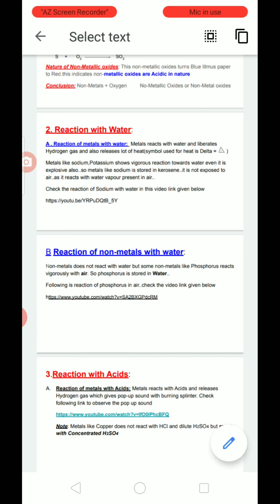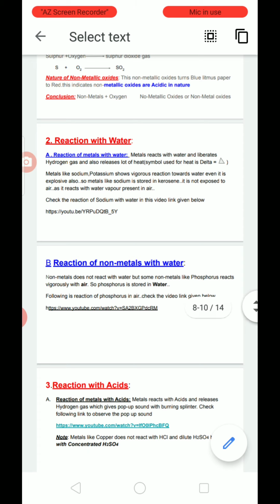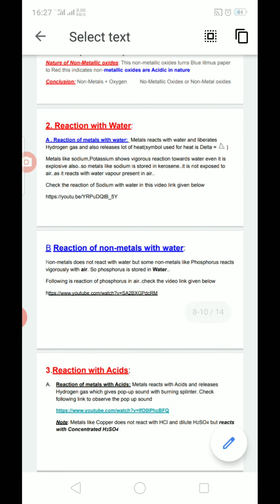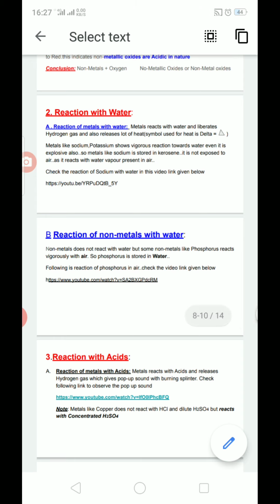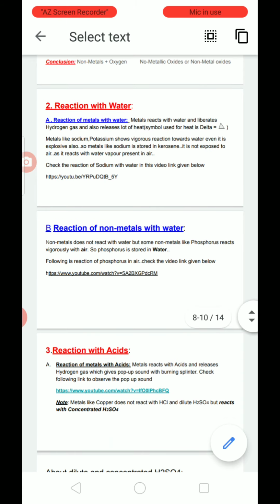That much vigorous and explosive reaction it is. So metals like sodium cannot be exposed to air. It is stored in kerosene. If it is exposed to air, it forms an explosive reaction. That is why. You can check the reaction of sodium with water in the link given below.